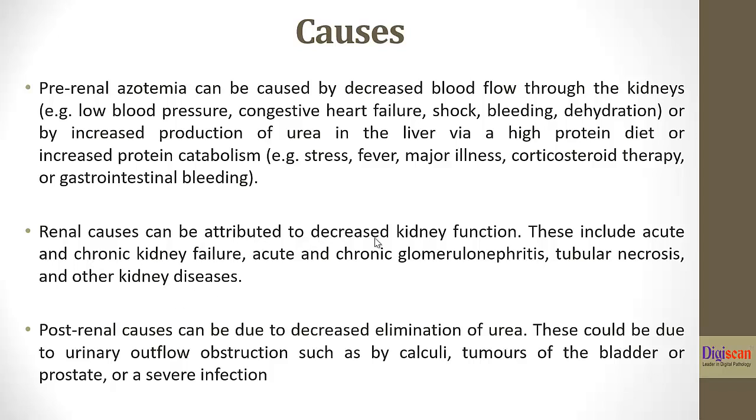The renal causes can be attributed to decreased kidney function, and these include acute and chronic kidney failure, acute and chronic glomerulonephritis, tubular necrosis, and other kidney diseases. The post-renal causes can be due to decreased elimination of urea. These could be due to urine outflow obstruction, such as by calculi, tumors of the bladder or prostate, or a severe infection.